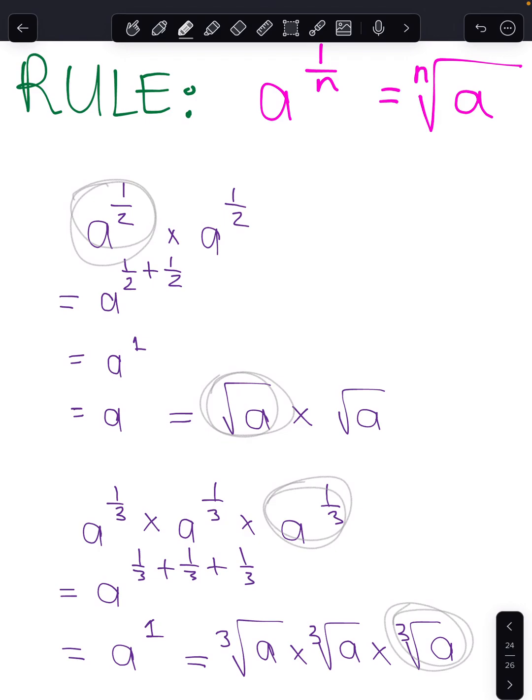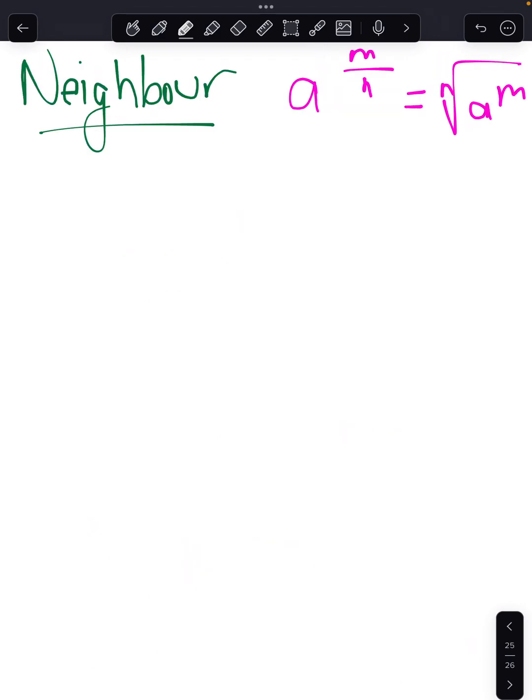And from there, it's not too hard to arrive at the more general idea that a to the power of m over n is equal to the nth root of a to the m. So for this one, we can just say a to the m over n, right, is the same as a to the m to the power of 1 over n, right?